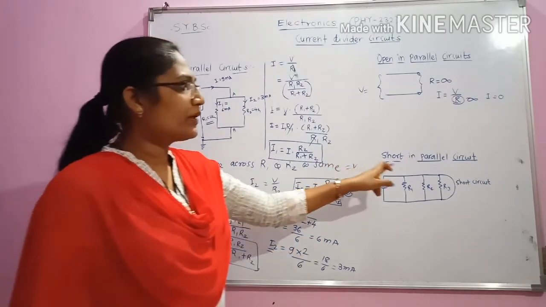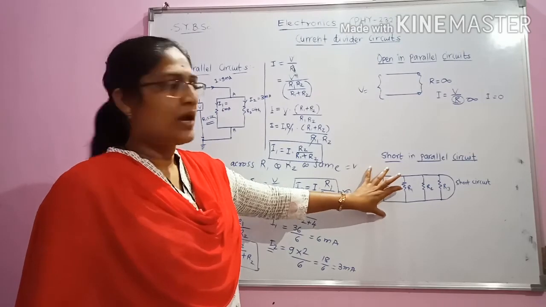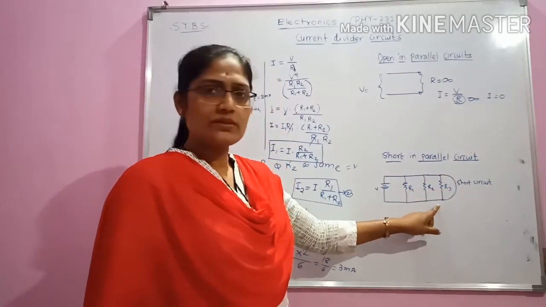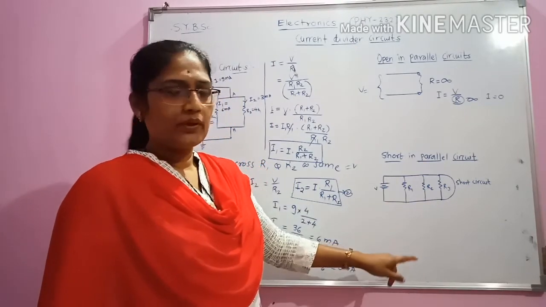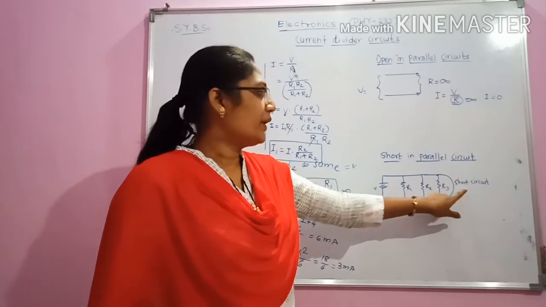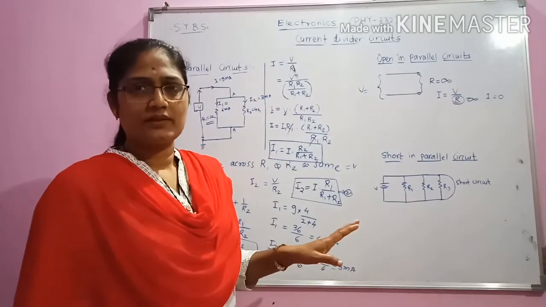This is the property of open in parallel circuit. Now, what is short in parallel circuit? Suppose this is one parallel circuit and we make it short by connecting a wire across this R3. Then what will happen? Not only R3 will be short circuited, but all these R1, R2, R3 are short circuited.